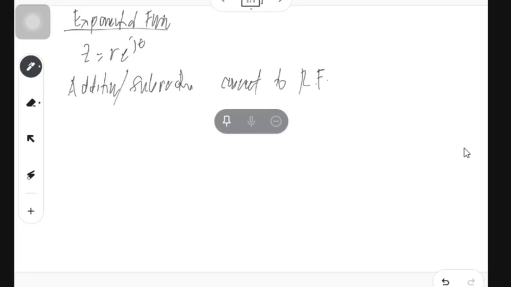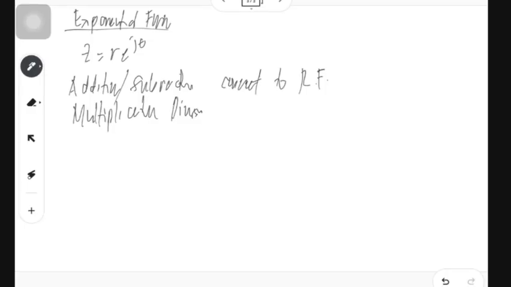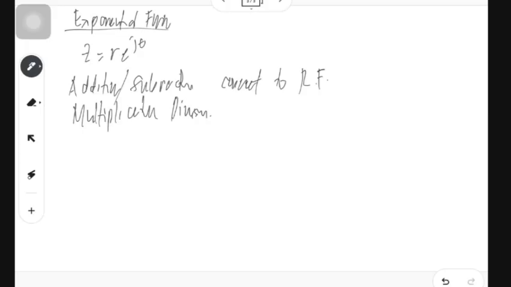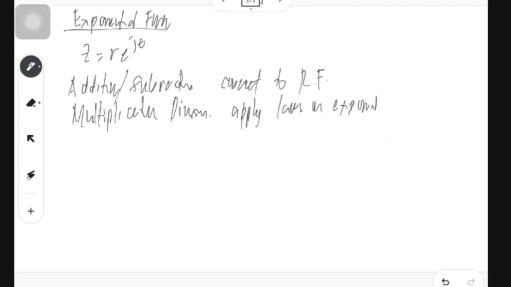Okay? Multiplication, division, you can apply the law on exponents directly. No? If you're going to multiply, add the angle. If you're going to divide, subtract the angle. No? Apply laws on exponent. Simple as that. No? Let's have the sample problem.